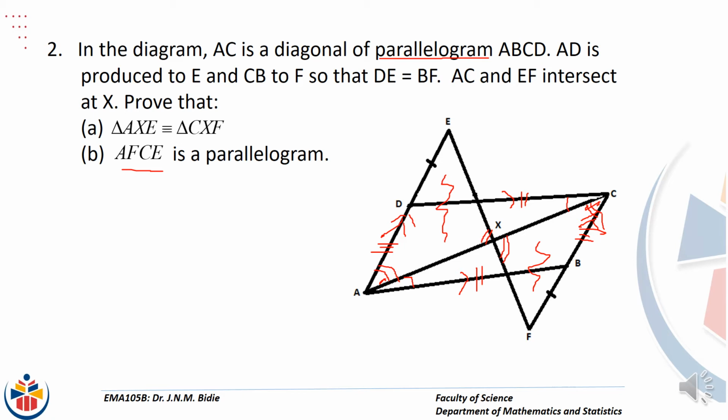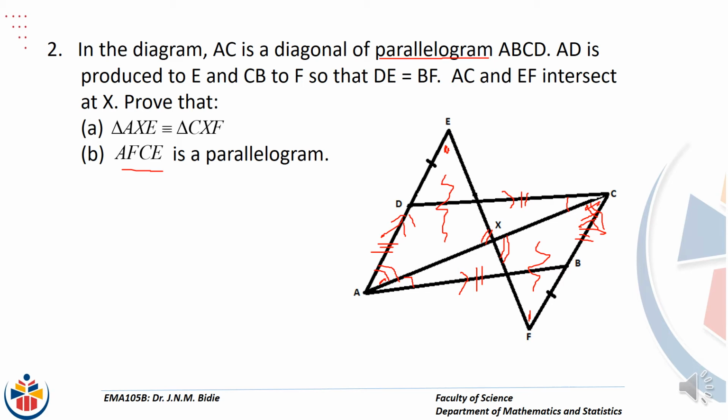And we had said that these two triangles are congruent, therefore angle E, which is angle AEF, is equal to angle CFX. And those two being equal because of the congruency, then according to AFCE, we see that they are alternate angles because of the diagonal EF.